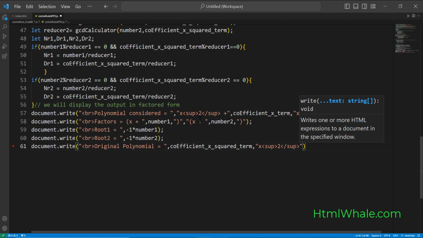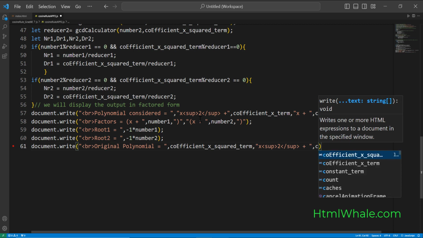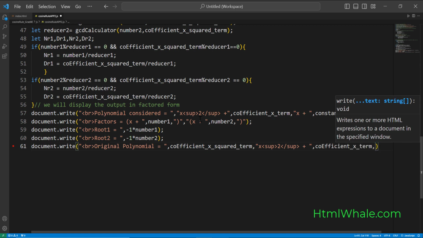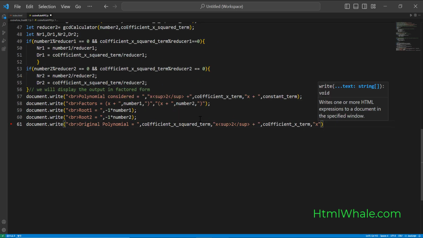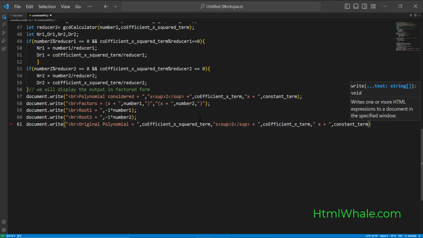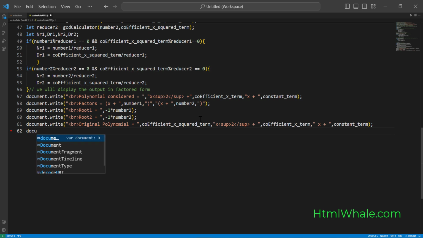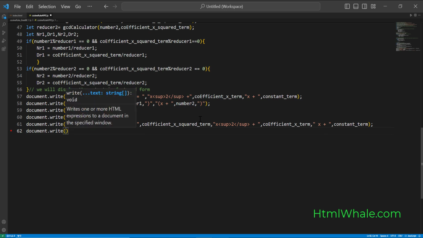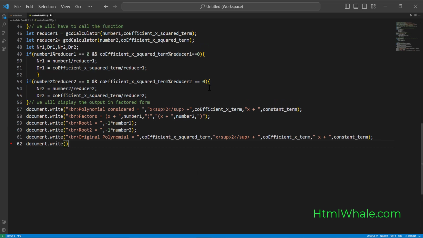So this is followed by the coefficient of x term. So the coefficient of x term remains as it is. So there is no issue in that case. So that's the x term, and then we got the constant term. Okay, that's fine. And now we can actually get the factors. So document.write. What I will do is I will get in the factors which we have obtained.